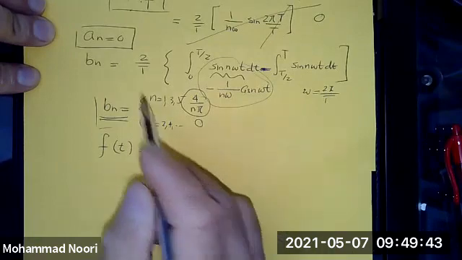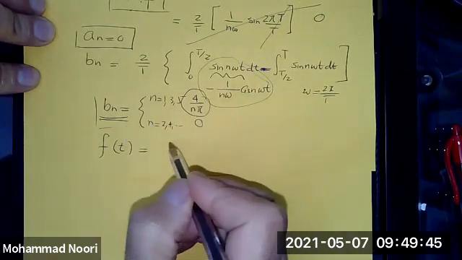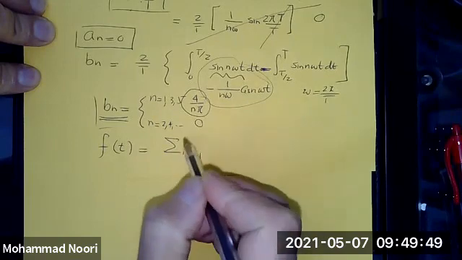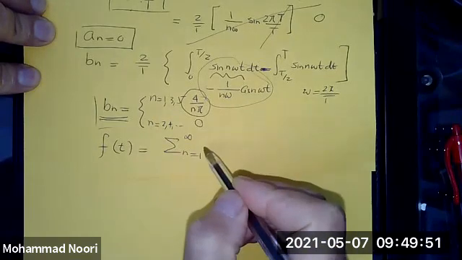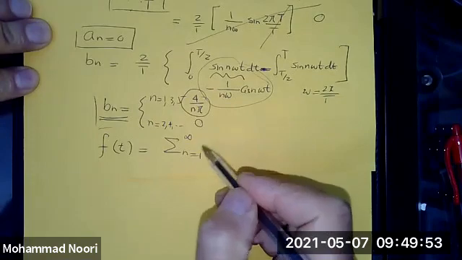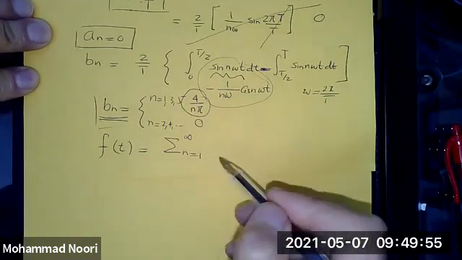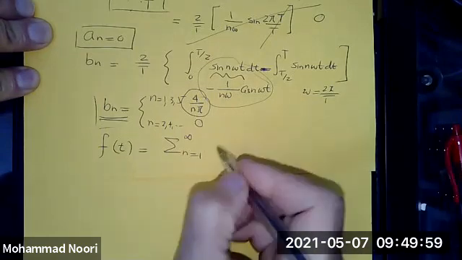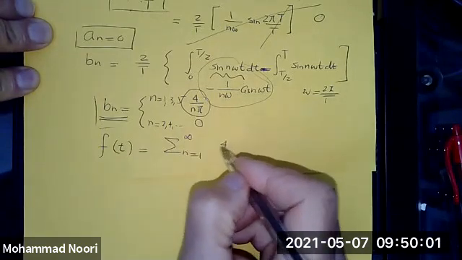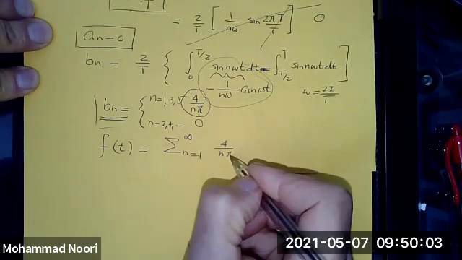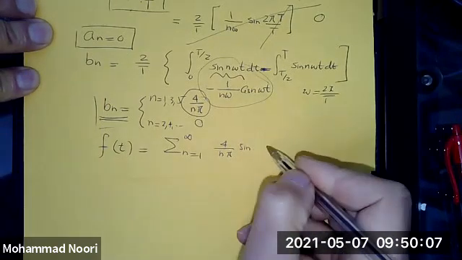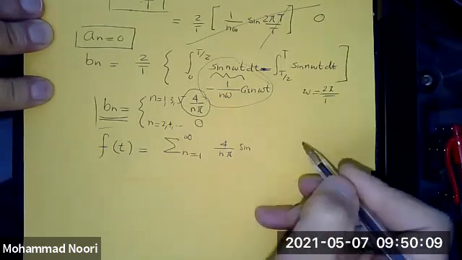Therefore, the Fourier series expansion of the function can be written as A naught, which is 0, plus the sum of n going from 1 to infinity of An times cosine, which An is 0, so that term doesn't exist, plus Bn, and Bn is 4 over n pi of sine n omega t.